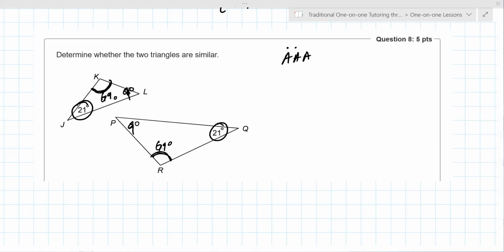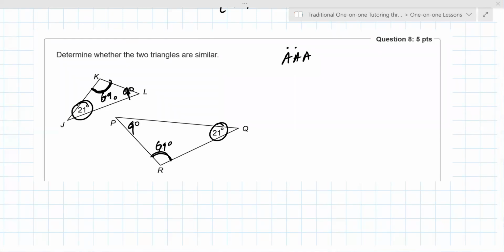I see. Are you sure? Yeah, so with the 79 the other angle would be 80, and if you put it to 69, then it's going to be 90. So it's always going to be 180.